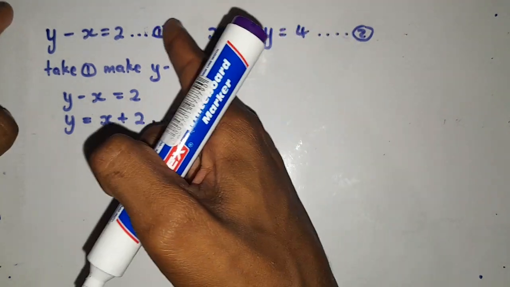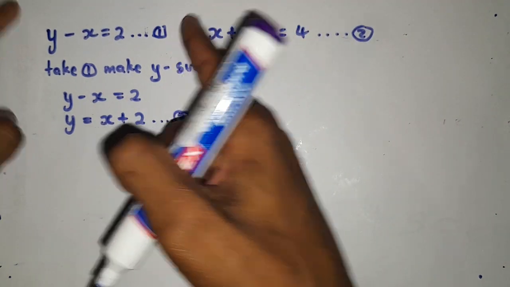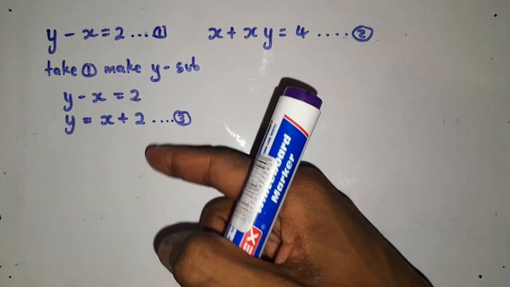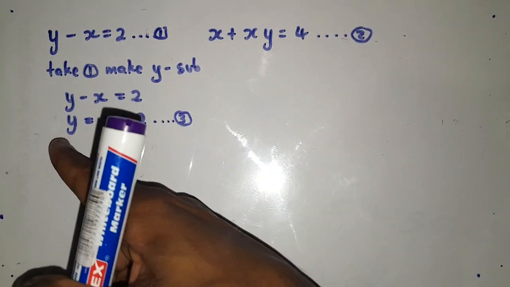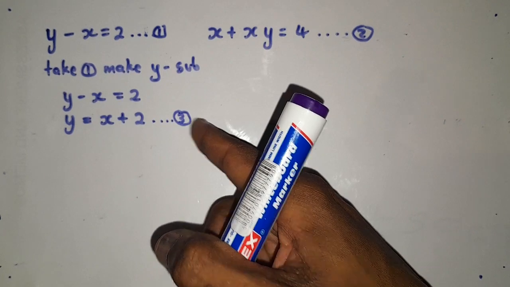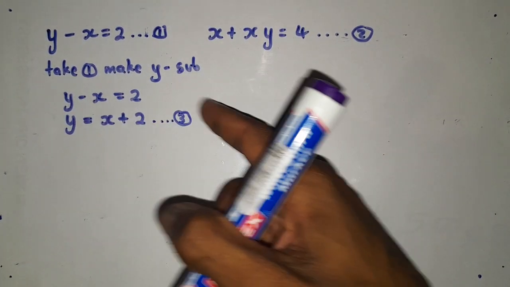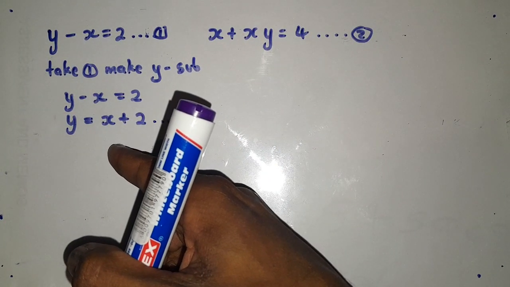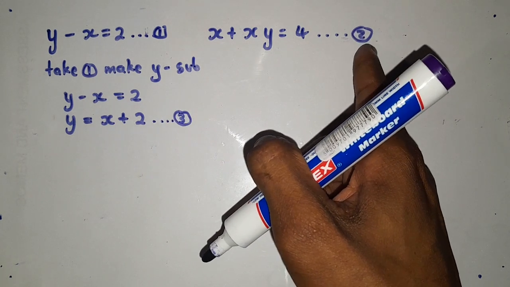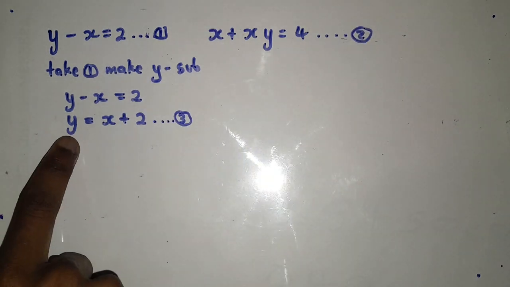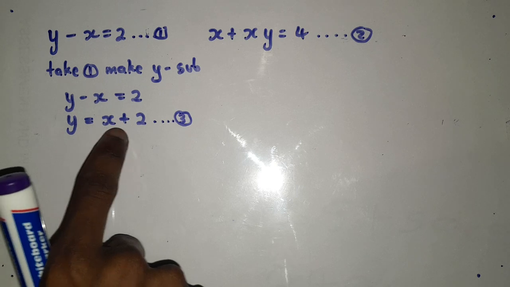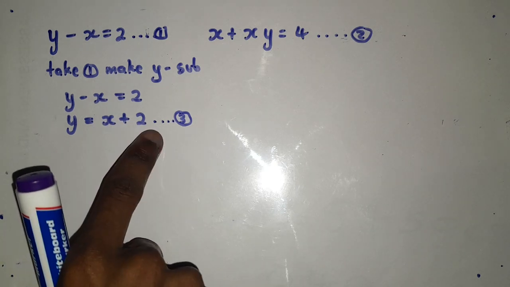Equation 3 is from equation 1. You see? Now I have equation 3, where y is the subject of the formula. I can now take this equation and substitute it where? On equation 2. Where I see y, I will substitute x plus 2. You get the point?